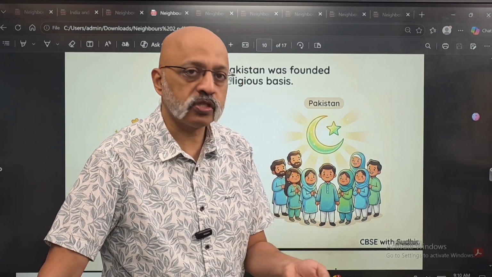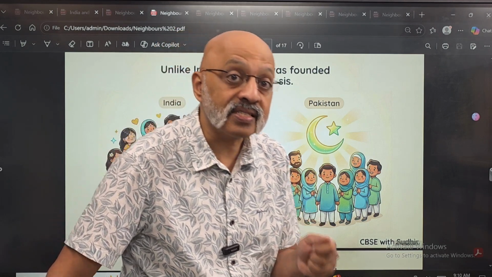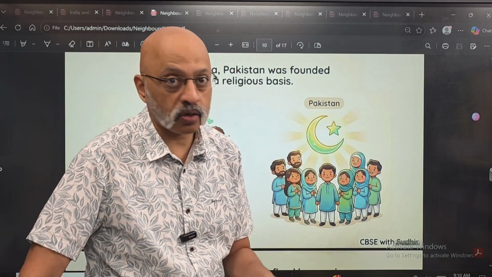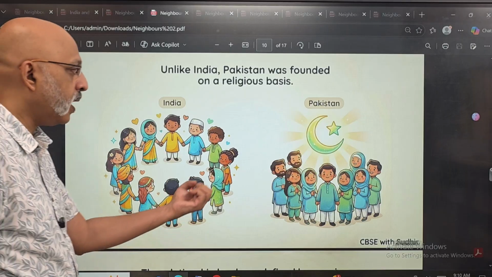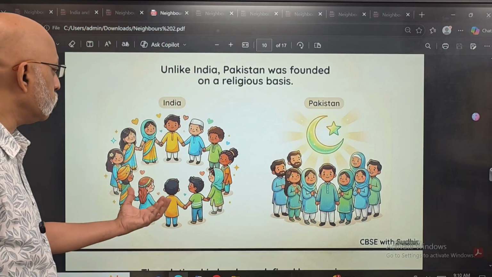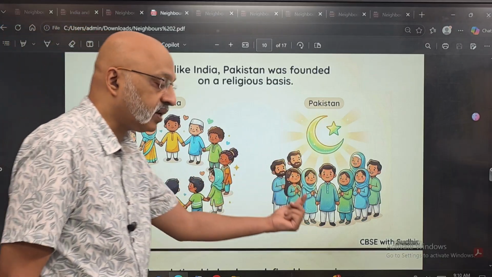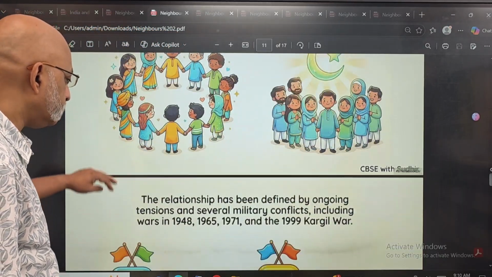In Pakistan, of course, there are Hindus living there, they are in a minority, but it is known as the Islamic Republic of Pakistan. India is not like that. And that is a major difference between India and Pakistan. In India, there are people of all religions living harmoniously. Pakistan is essentially an Islamic republic.